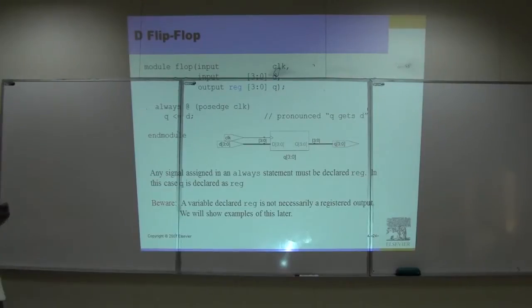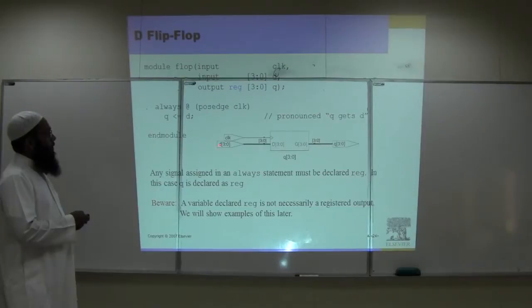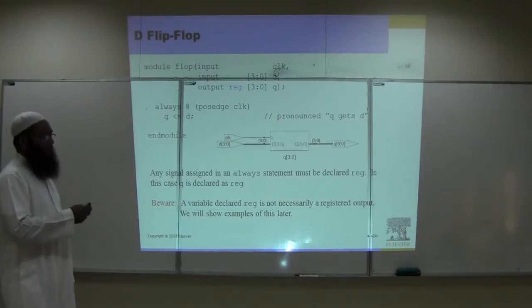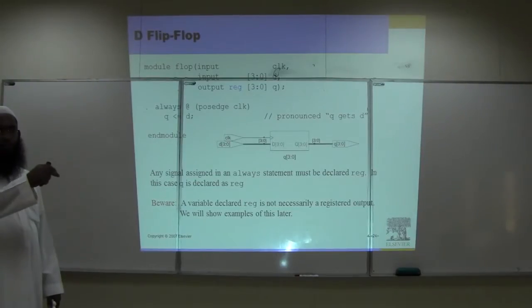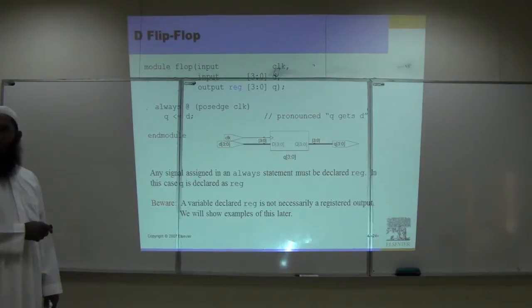In a D flip-flop, we have the input and a clock, right? And with the rising edge of the clock from low to high, the flip-flop will transfer the data from the input to the output.